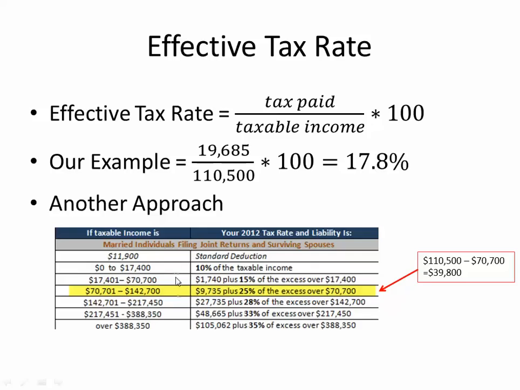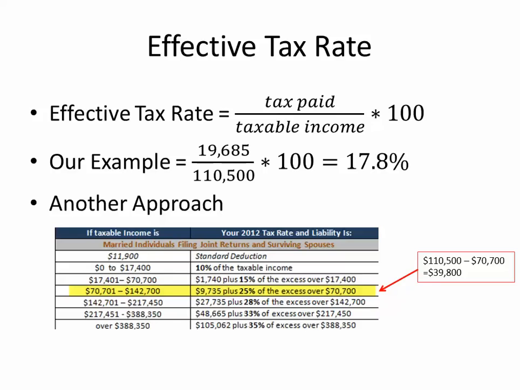The first row is not part of the table because that's the standard deduction. That meant you have a fixed amount of $1,740 charged at 10%, plus the fixed amount for the 15% bracket from the previous slide, and those two numbers added together give you this 9,735.